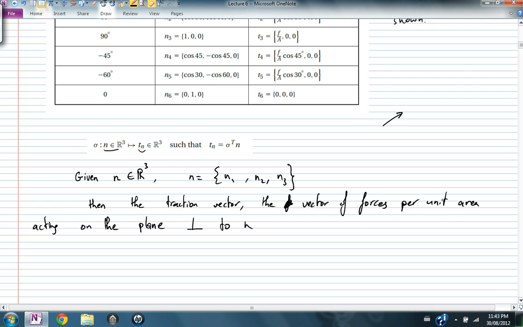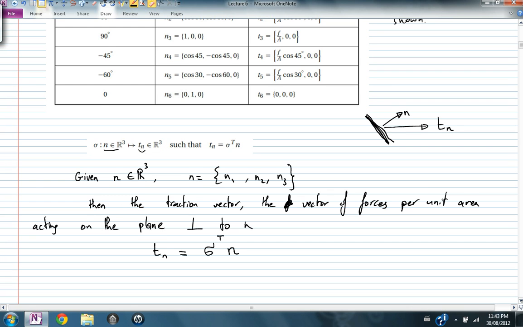So this is n, this is the plane. The force per unit area, the traction vector Tn, is going to be given as a matrix multiplication of the stress matrix, sigma transpose, multiplied by the vector n, and Tn is equal to sigma transpose multiplied by n.